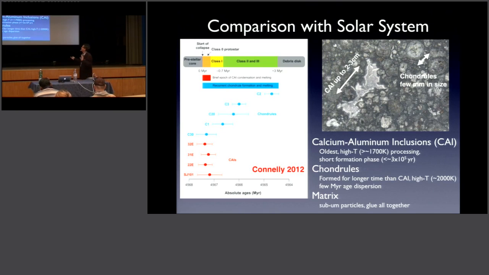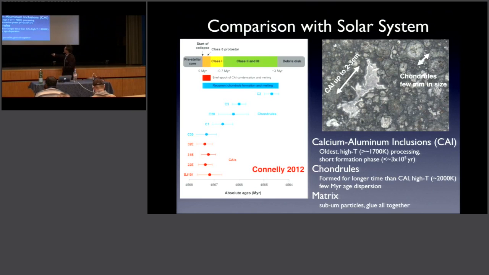Of course we don't know exactly when the sun was in the class zero phase, so it's difficult to make this link. But the duration of this phase is consistent with the class zero, class one phase. So it's consistent with the period in which there was significant accretion from the envelope onto the disk, okay, and onto the star.